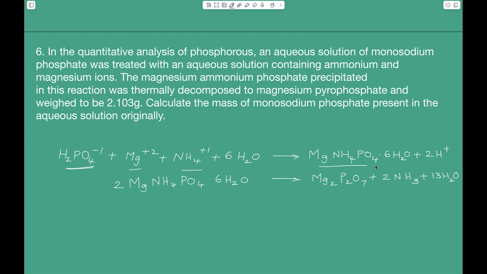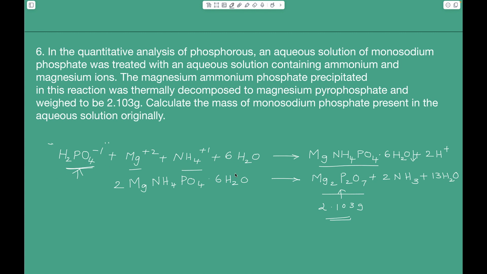The magnesium ammonium phosphate precipitated in this reaction was thermally decomposed to magnesium pyrophosphate and its weight was found to be 2.103 grams. Calculate the mass of monosodium phosphate present in the aqueous solution originally. So we are given the mass of this product and we are asked to figure out the mass of this reactant that we started with.